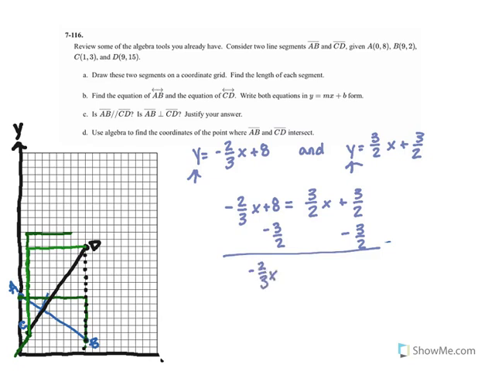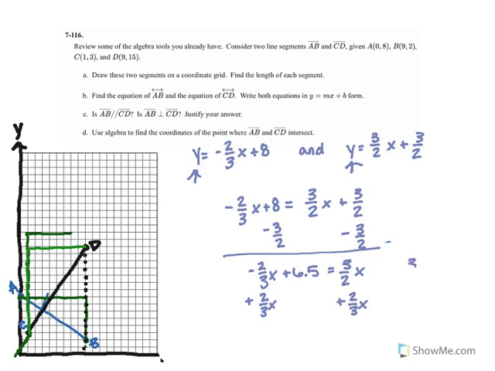And we're going to have negative 2/3 x plus, go ahead and do 8 minus 1.5, which is 6.5, equals 3/2 x. And now I need to move my x's to the right hand side. So I'm going to do plus 2/3 x on both sides.